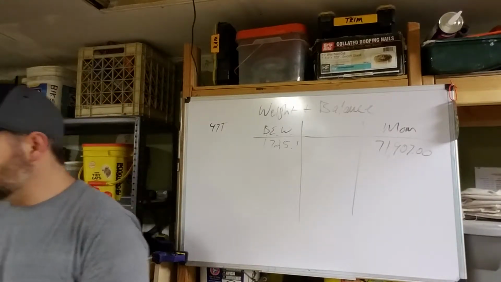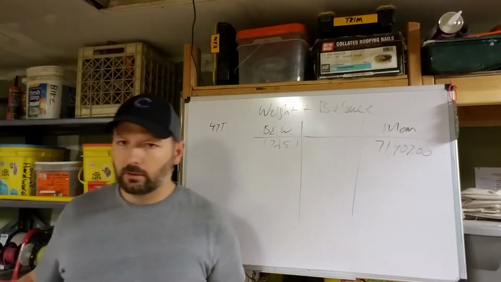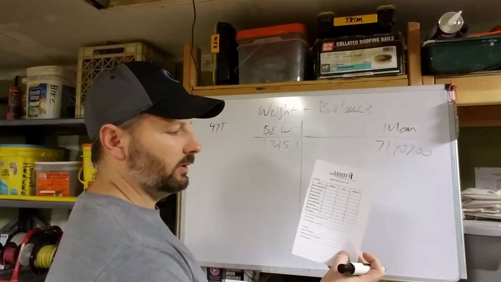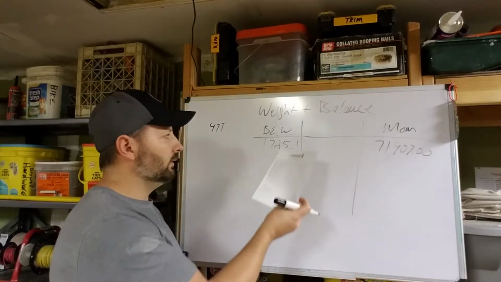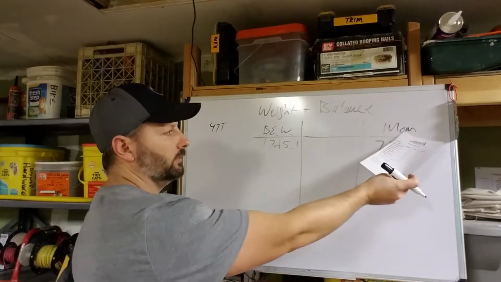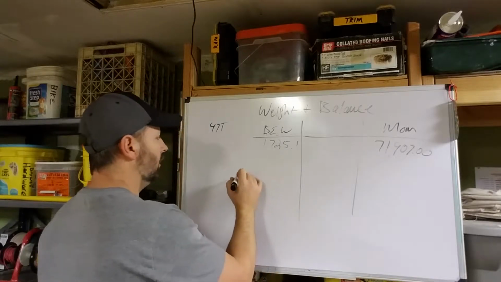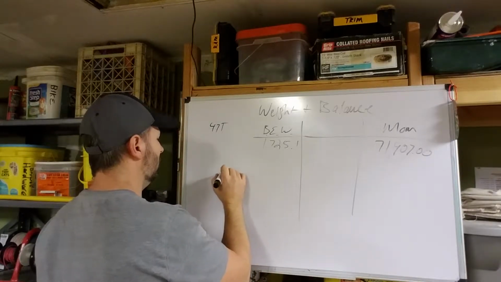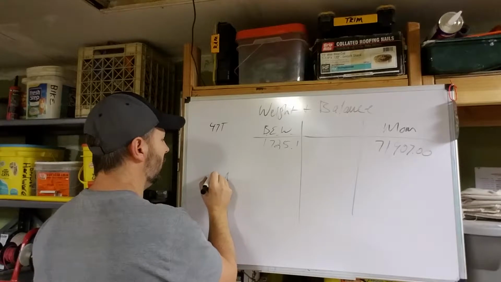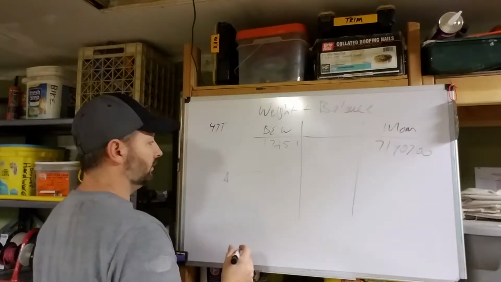Now, the other calculator in this equation is the arm, right? Because weight times arm gives you the moment, right? So the weight on that force, let's just put a rudimentary design here.